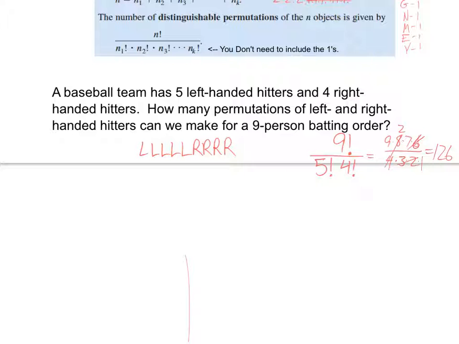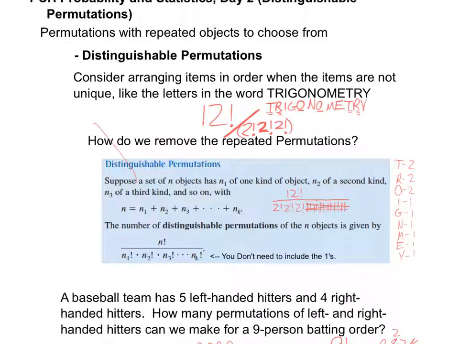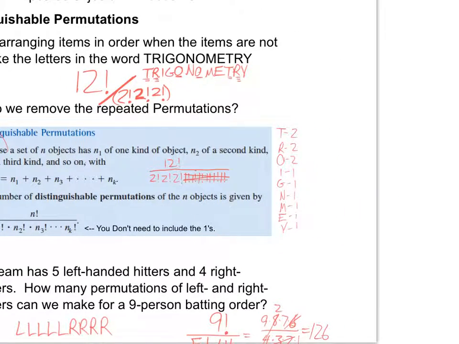Technically, if you have 3 of the same thing multiplied together, you could write that as 12 factorial over 2 factorial cubed, because there are 3 of them multiplied together. You can't do something like make that 8 factorial. You can't combine them that way.